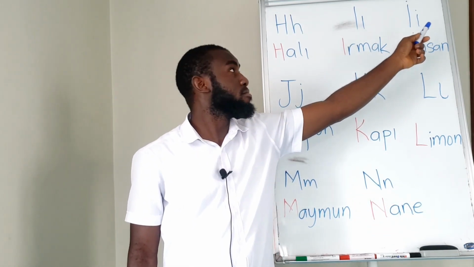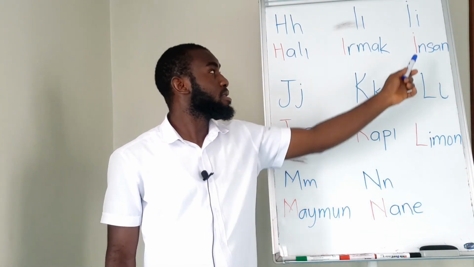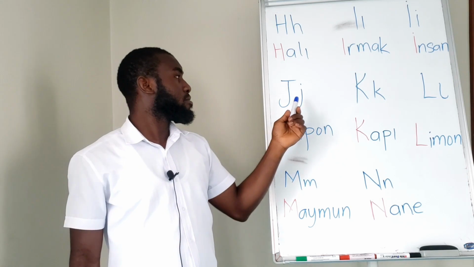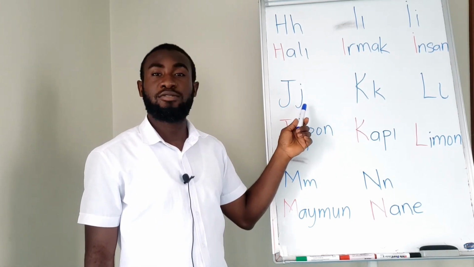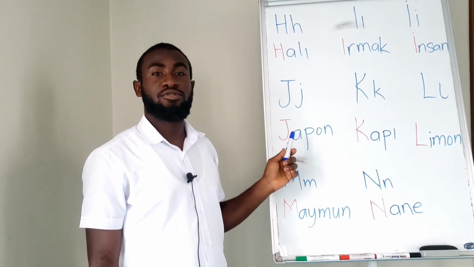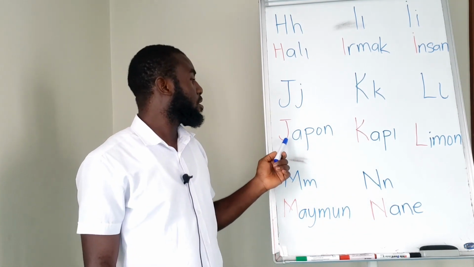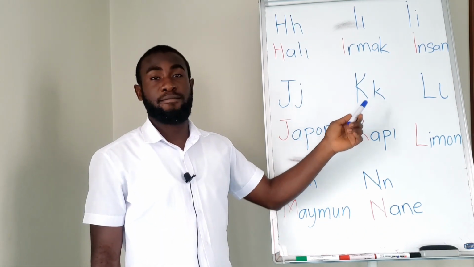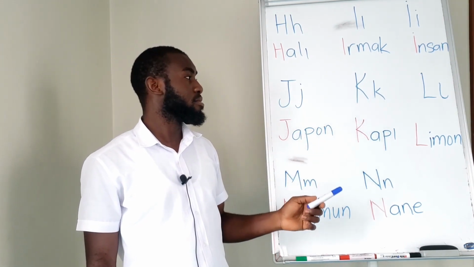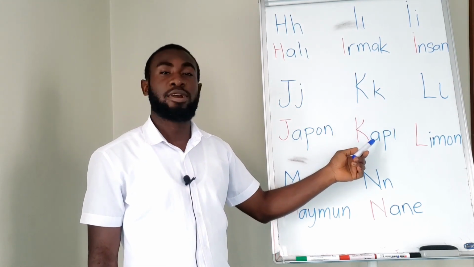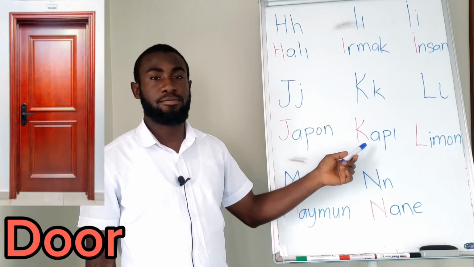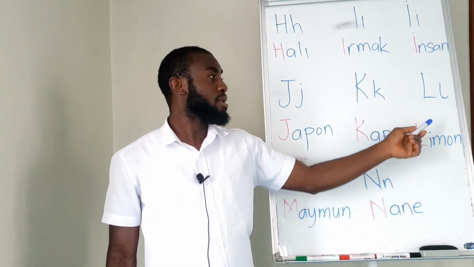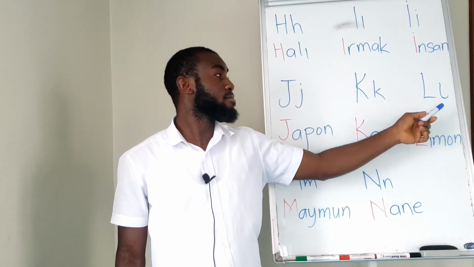İ, insan. J, j, Japon, Japon. K, kapı. L, limon.